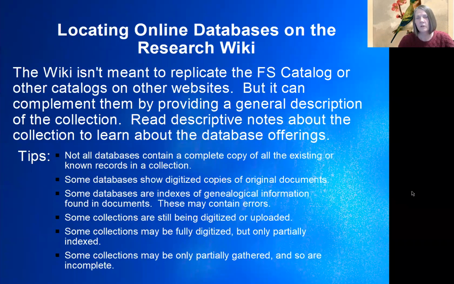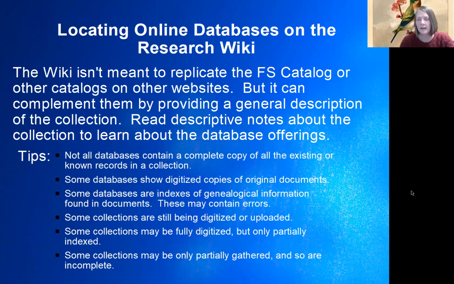Okay, so on locating online databases on the research wiki itself, the wiki is not the catalog. So you're not going to find the same kinds of things in the wiki that you would find if you did a catalog search. It's not supposed to take the place of the catalogs on other databases either.